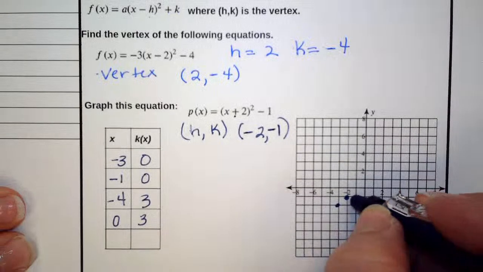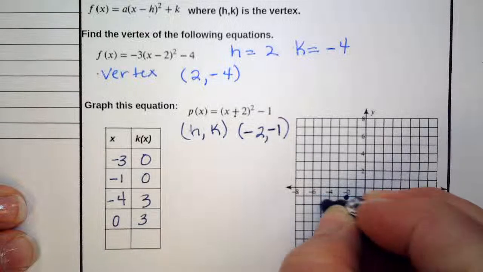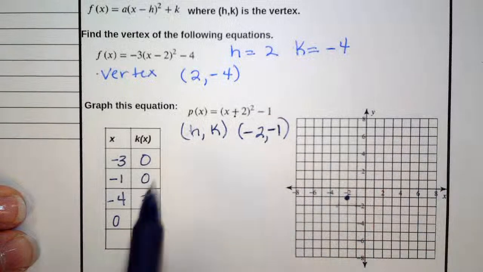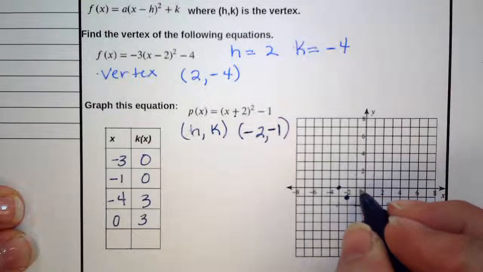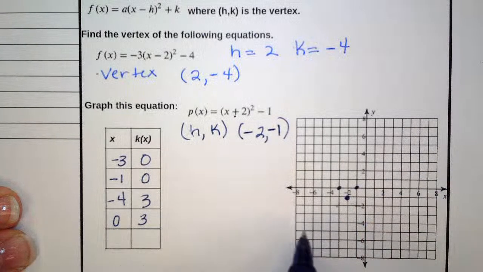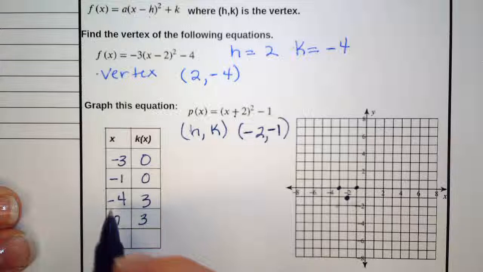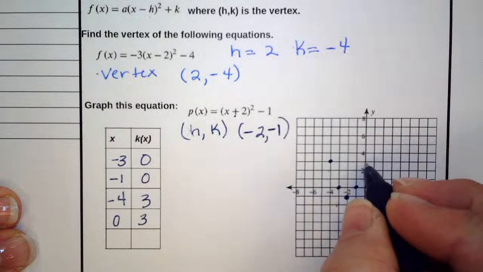I have this as a maximum when it should be a minimum. I've got it correct in my table. These should both be at 0. But I did not have it correct on my graph. So -4 goes up to 1, 2, 3. 0 goes up to 3.